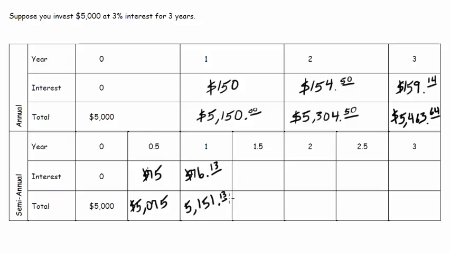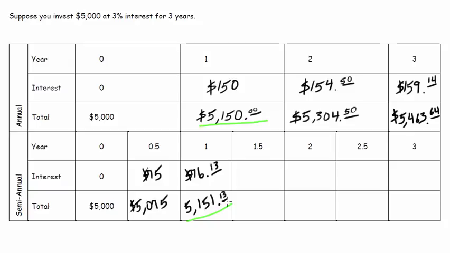All right, so let's pause here. So when I was paid once a year, at the end of the year, I ended up with $5,150. When I'm paid twice a year, do you see I end up with a little more, $1.13 more?